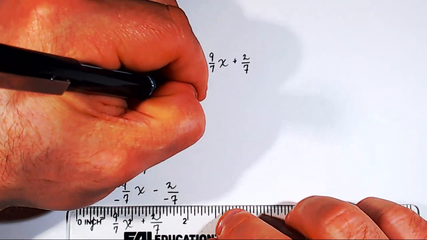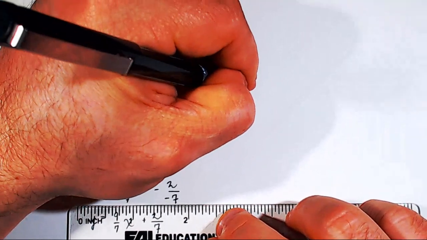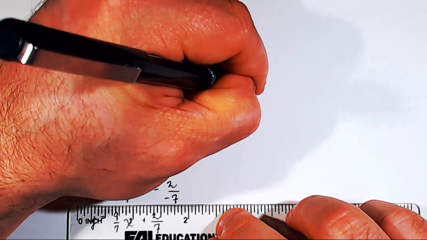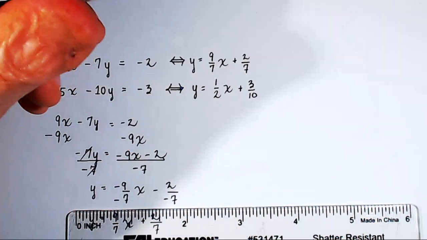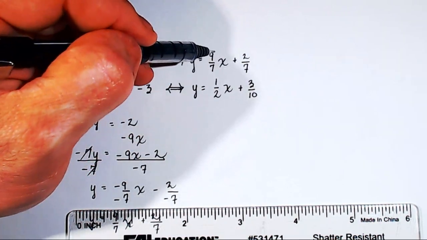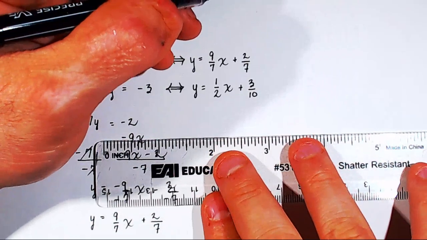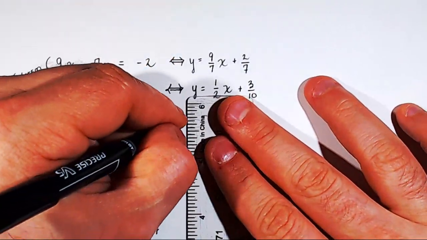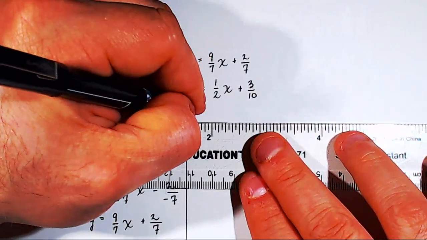So y equals 1/2 x plus 3 over 10. The substitution here will be to set these two expressions, 9/7 x plus 2/7 equal to 1/2 x plus 3/10. So we'll do that here. Make a little space to do that.